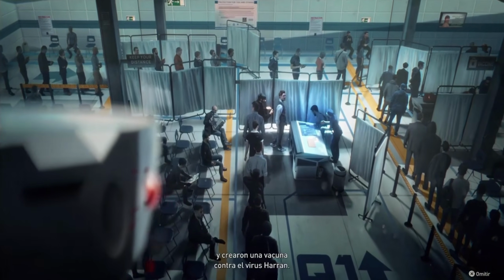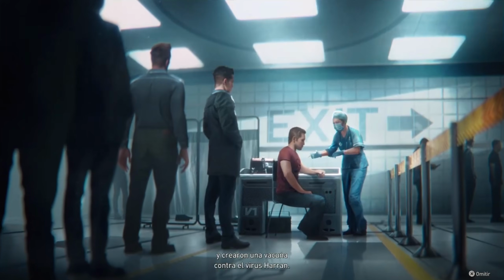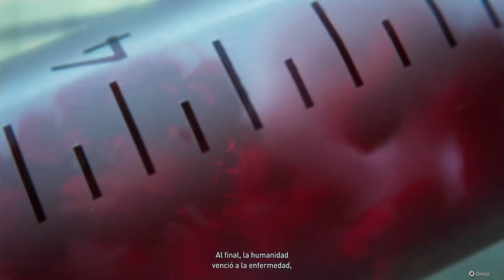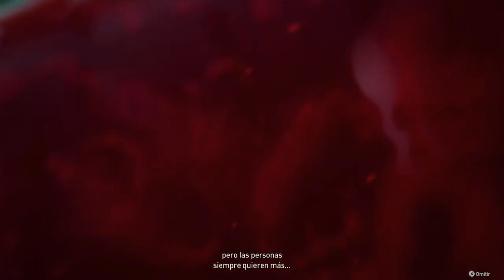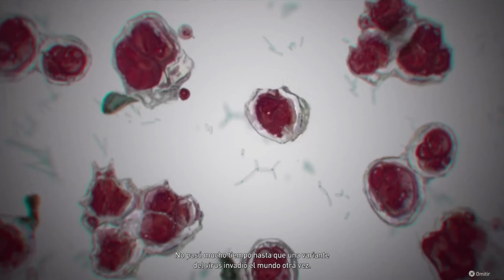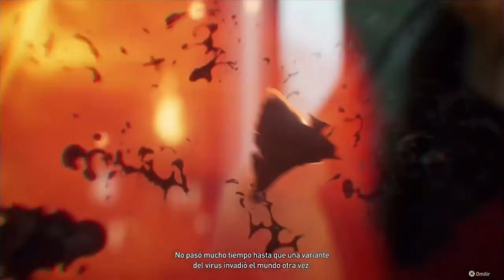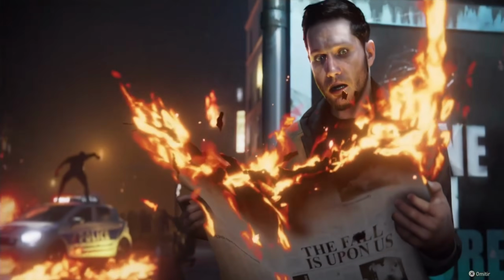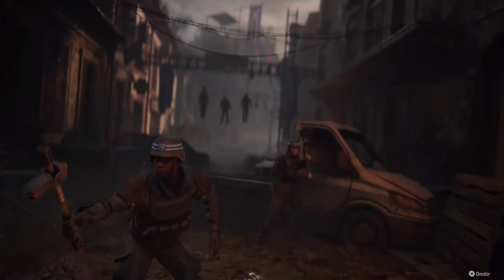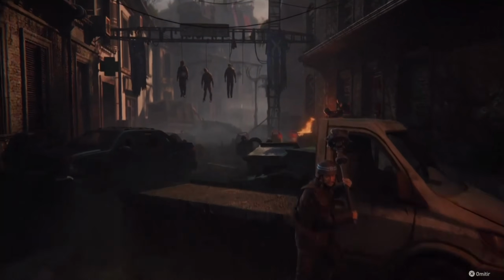So the best assumption I can make is that Harran virus determines what type of infected a person becomes through epigenetic mechanisms. It is the same virus that infects everyone, but it expresses different genes and triggers different transformations depending on the affected individual. Perhaps it relies on hormonal cues. Steroid hormones, for example, act directly at the level of the DNA in our cells and could also interact with the virus genetic material.